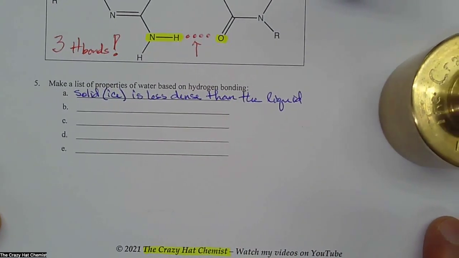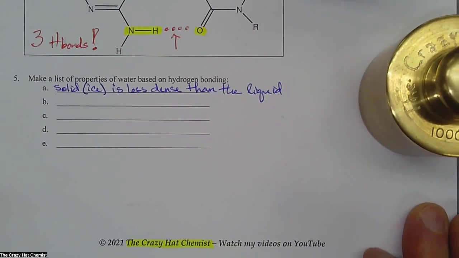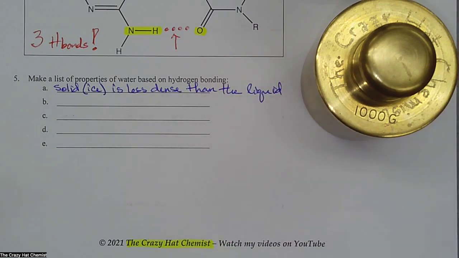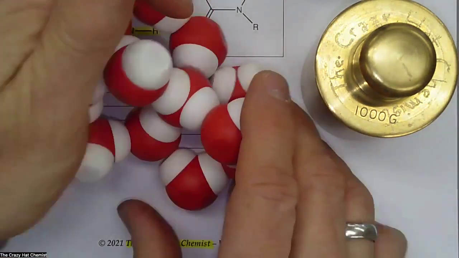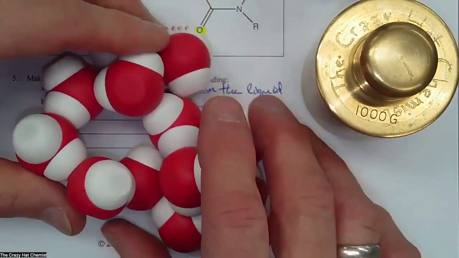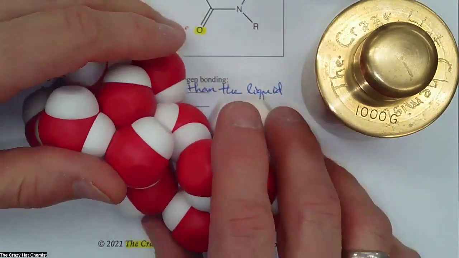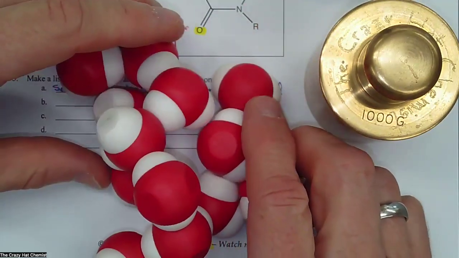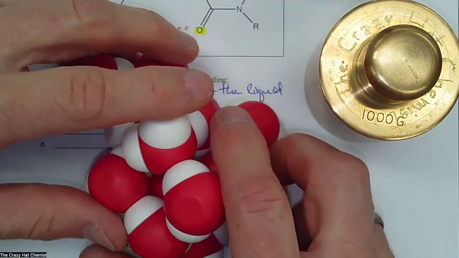And I did try to explain this in the very first video on hydrogen bonding, but if you missed that, I'm going to show you what that means. So you should see here that right now I have a lot of water molecules. Each one of these is representing water. And so what I'm going to do is represent liquid water.